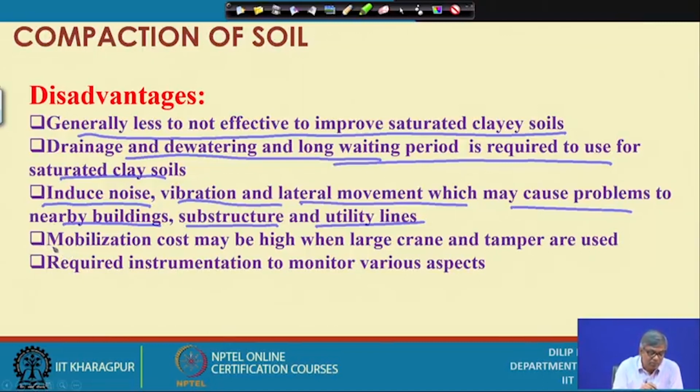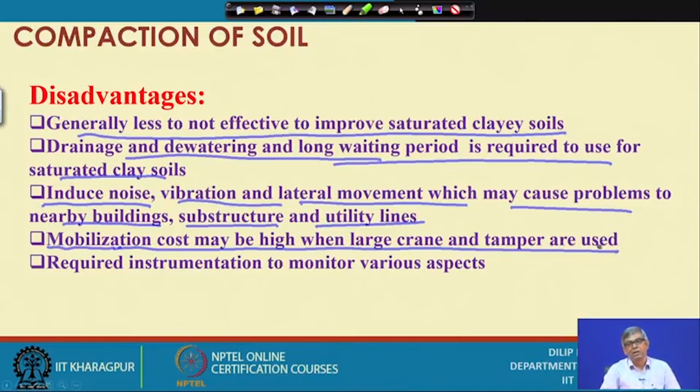And another is not that big but minor, that mobilization cost may be high when a large crane and tamper are used. So when compaction up to a great depth is required, then we have to take a huge crane and maybe huge loading, and if proper access is not there, maybe that mobilization cost will be a significant amount.